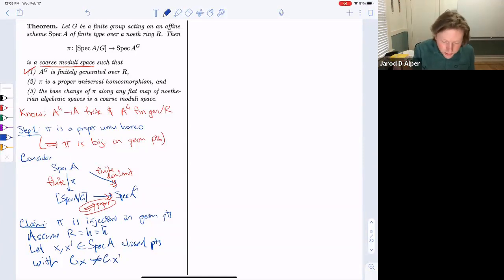Right, but because the orbits are distinct, they don't intersect at all. They have empty intersection, and these orbits are subvarieties of Spec A.